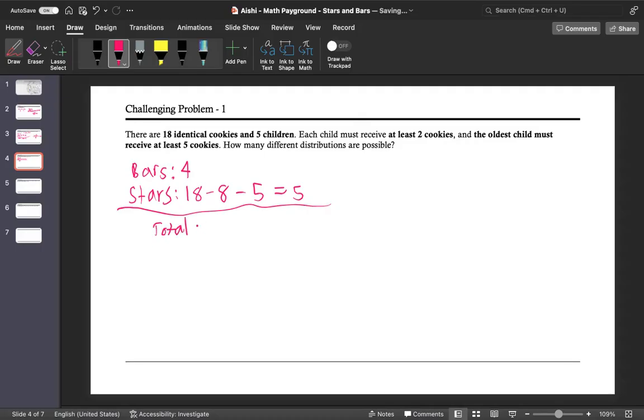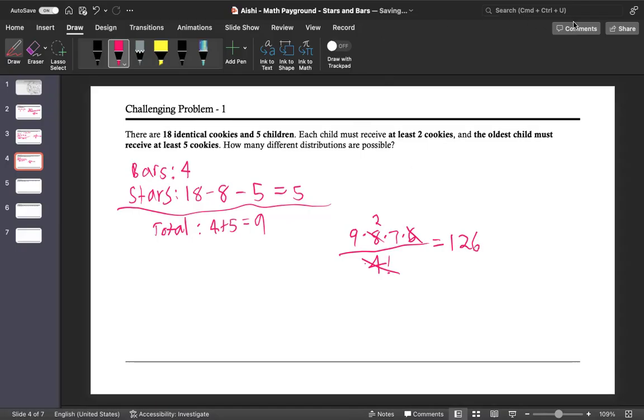Total would be 4 plus 5, which is 9. So now this would be 9 times 8 times 7 times 6 divided by 4 factorial. So we end up with 126.